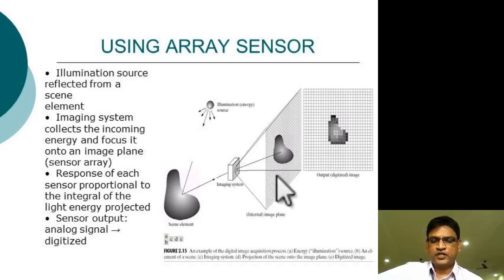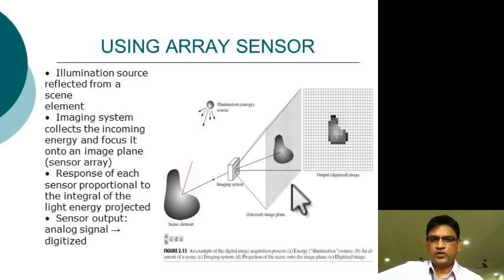This image plane is the plane where the sensors are placed, and this is exactly located at the focal length of the lens. The principle behind this transformation of light energy into electrical energy is that the sensors present on the image plane have incident energy on their surface.